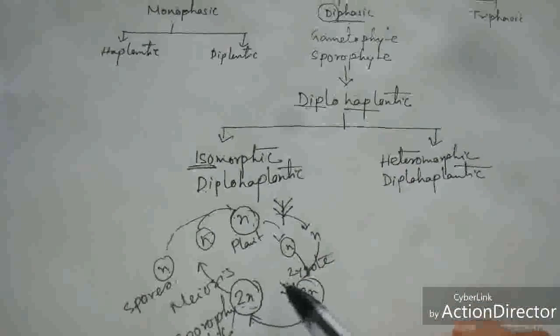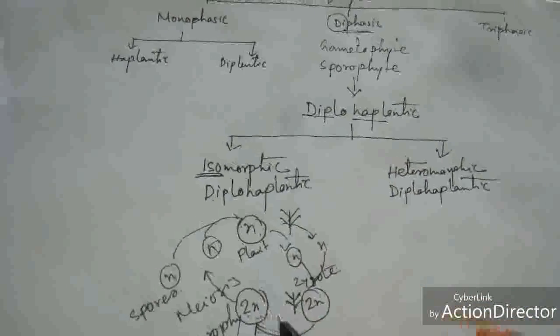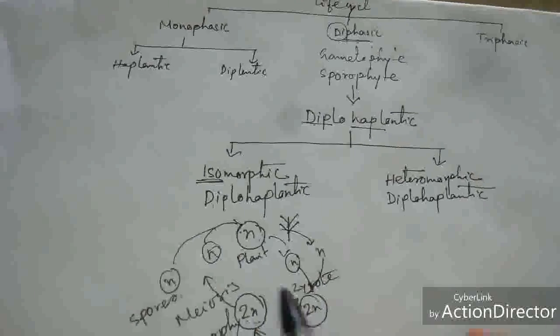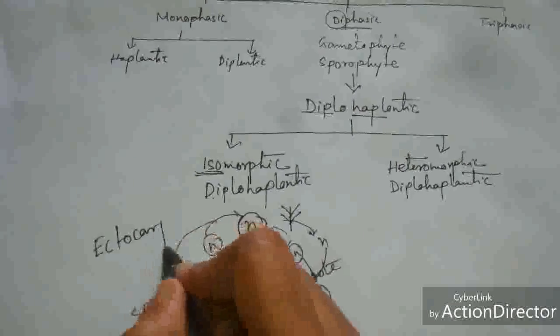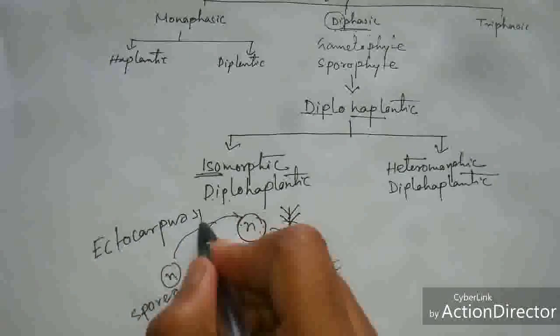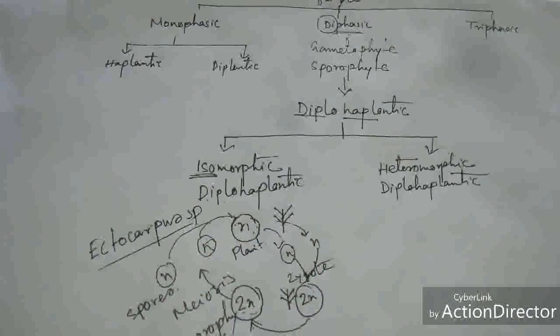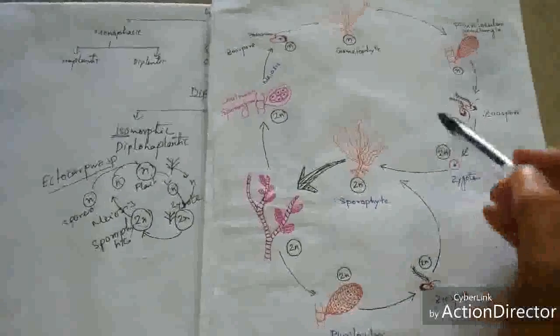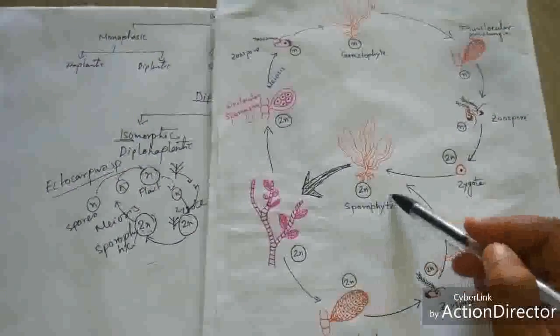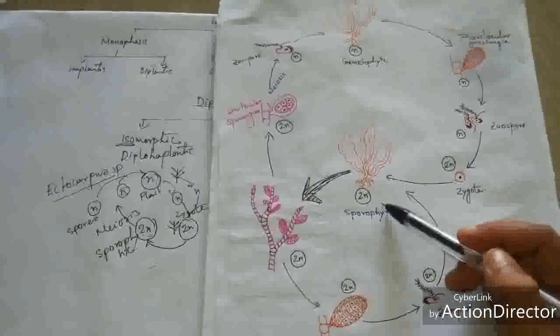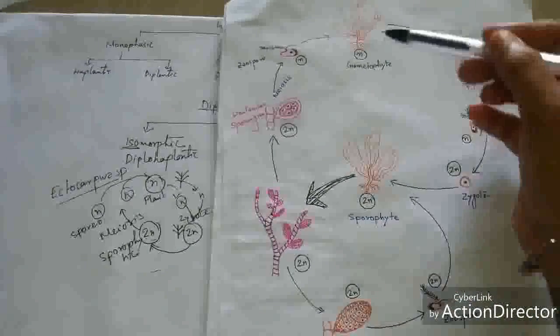An example of this type of life cycle is found in Ectocarpus alga. Here the haploid plant body and the diploid sporophytic plant body are morphologically similar.